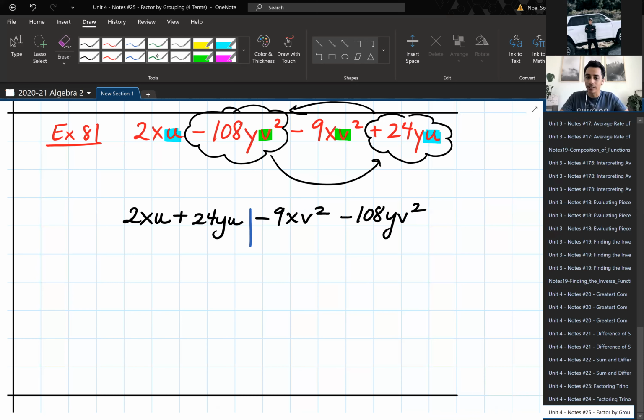Let's see how it goes. The variables won't match, I don't know. Let's try it. I think it will. I think it'll be fine.